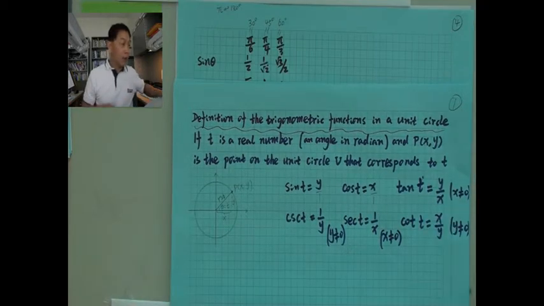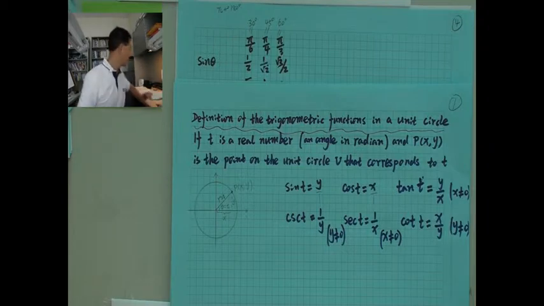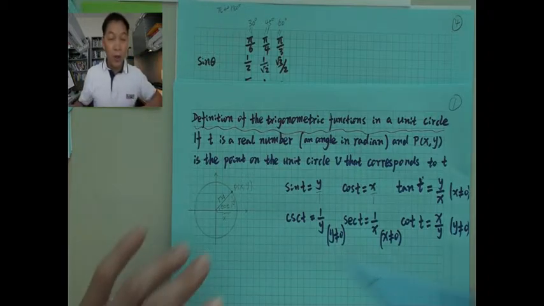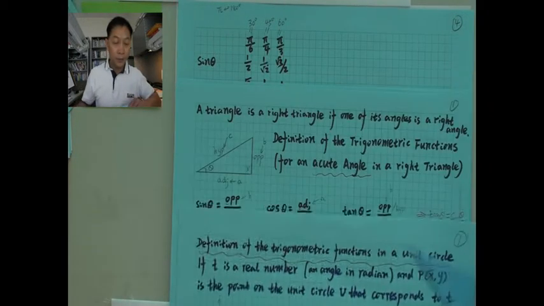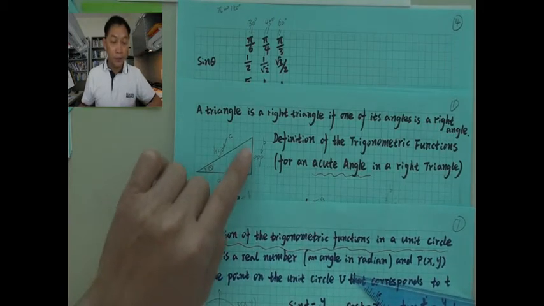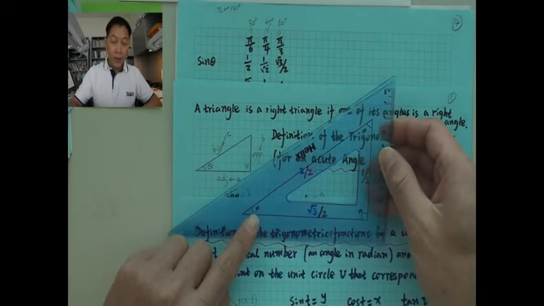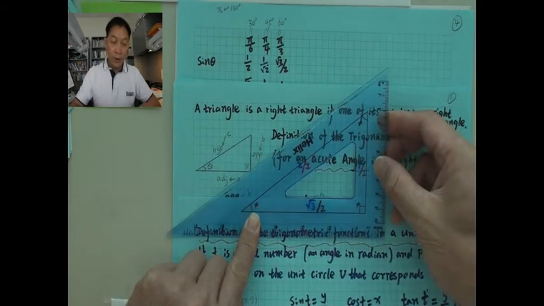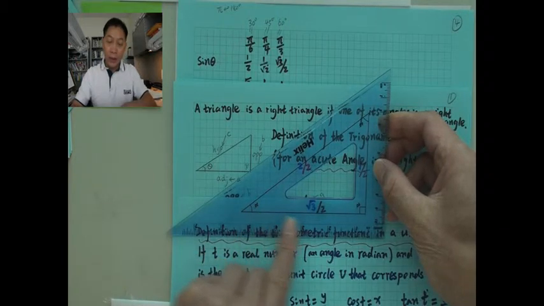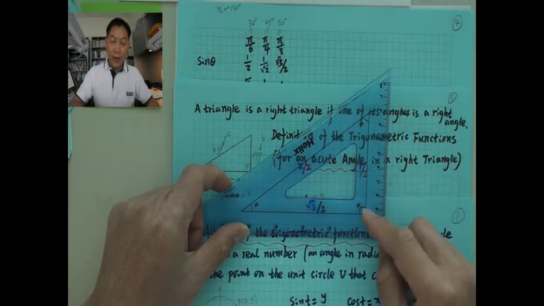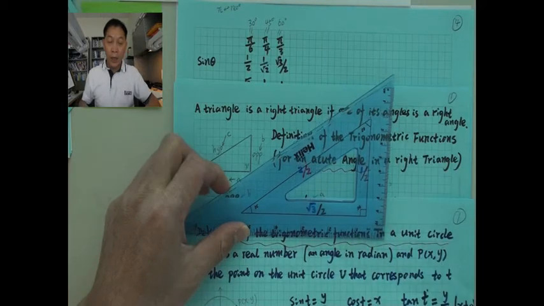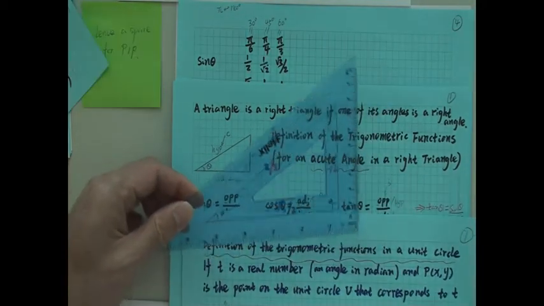When we did this example, we considered some special angles. Recall that in the right triangle here, if this acute angle is 30 degrees, then the opposite side is half of the hypotenuse.